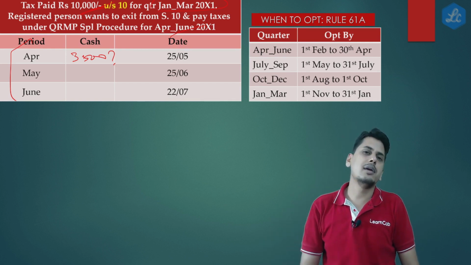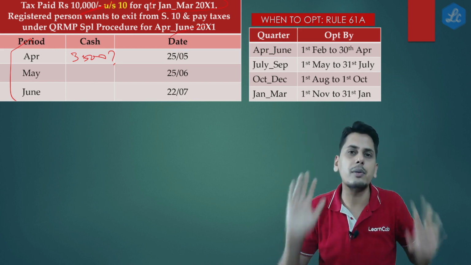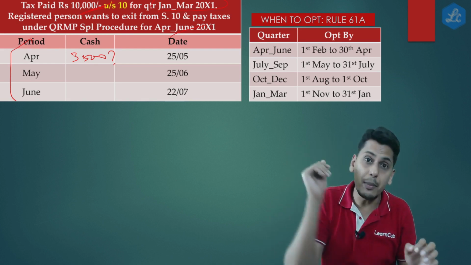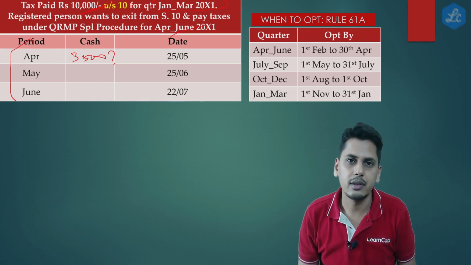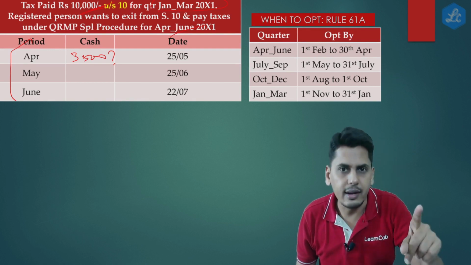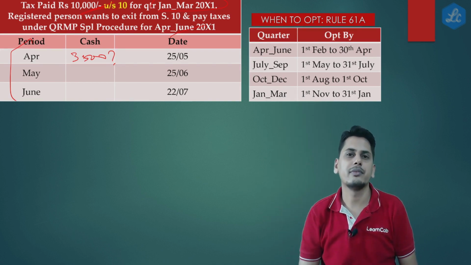Historically, in the preceding quarter, he might have filed the return and paid taxes amounting to 10,000 by debiting the electronic cash ledger. But those were taxes paid under section 10. Now he is operating under section 9.